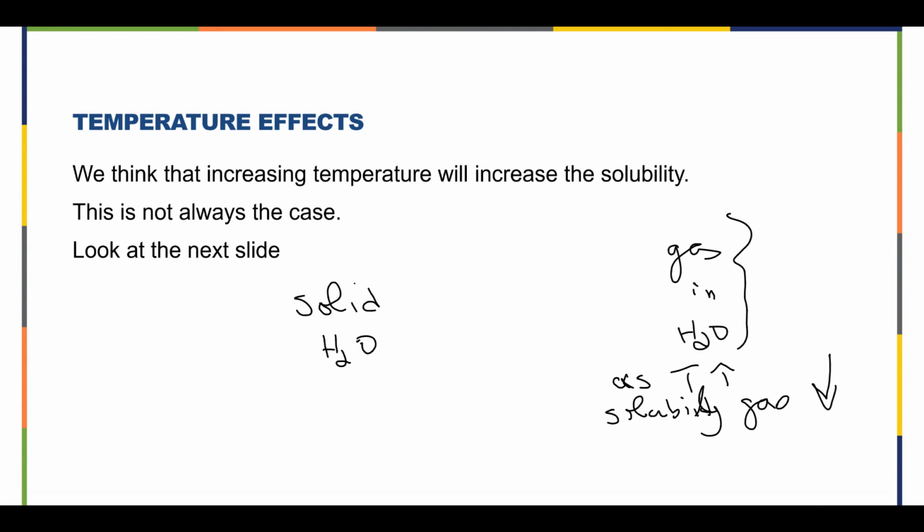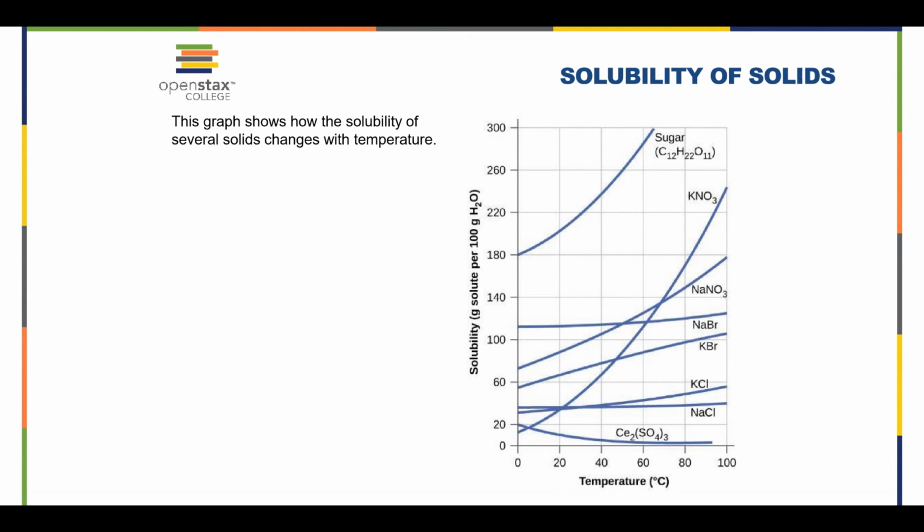Gases are much more soluble in cold liquid. For most solids, as the temperature goes up, the solubility is going to go up. Sugar, for example, is significantly more soluble in hot water than it is in cold. Note that each of these curves has to be obtained experimentally.